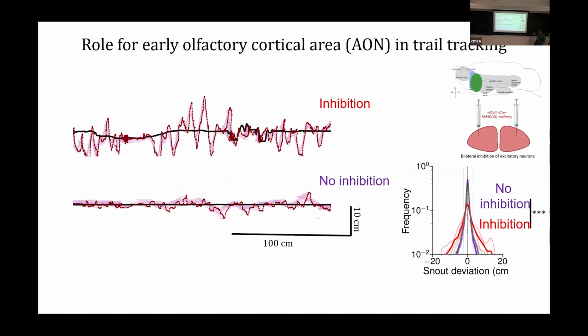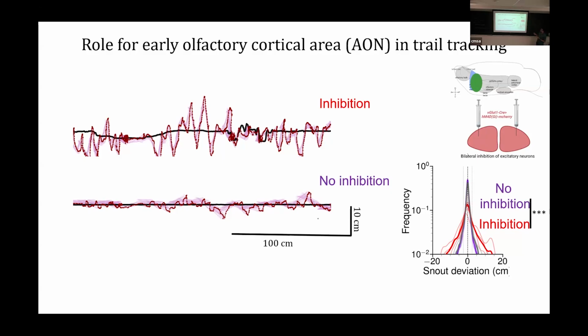And because I was talking about the anterior olfactory nucleus, the idea was to do acute chemogenetic inhibition experiments. If you inhibit the AON, you find that the animal tracks the trail poorly compared to the same animal when you don't provide the ligand.